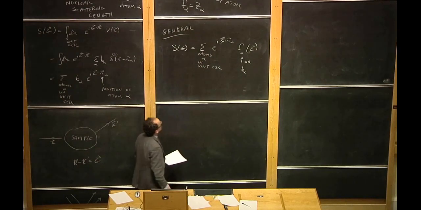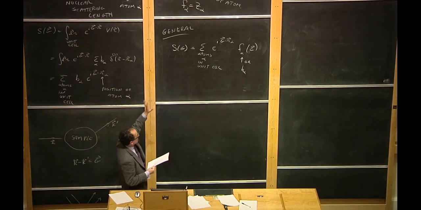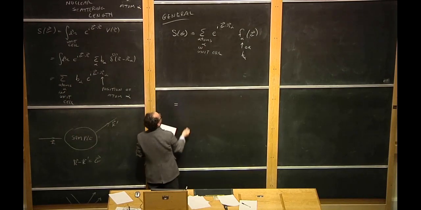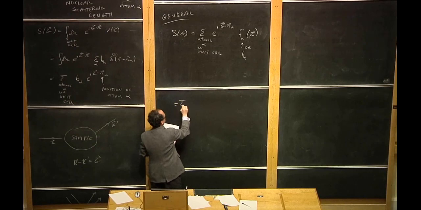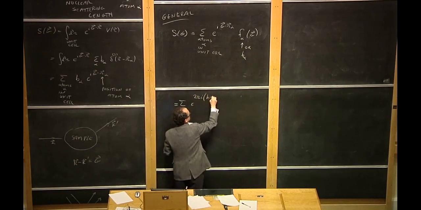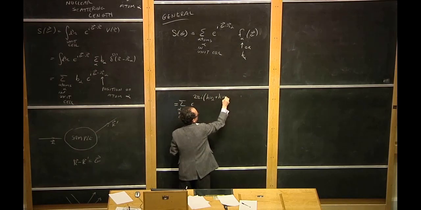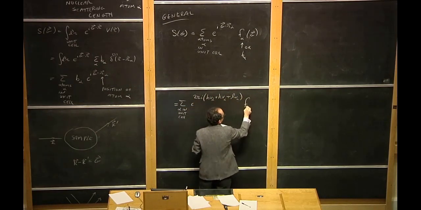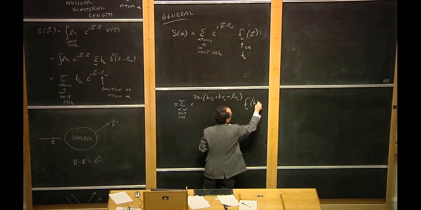It's convenient frequently to rewrite this in terms of Miller indices. So if we rewrite these statements in terms of Miller indices, we would have sum over alpha in unit cell, e to the 2 pi i, h times u alpha plus k times v alpha plus l times w alpha, of f sub alpha h k l.